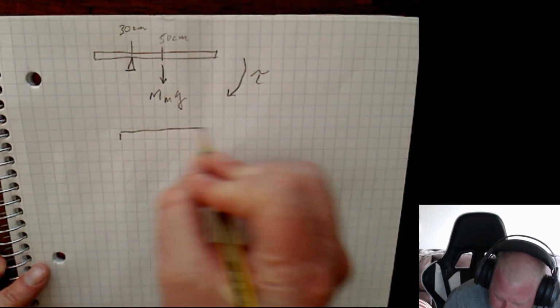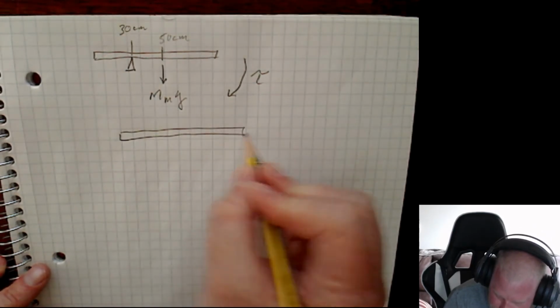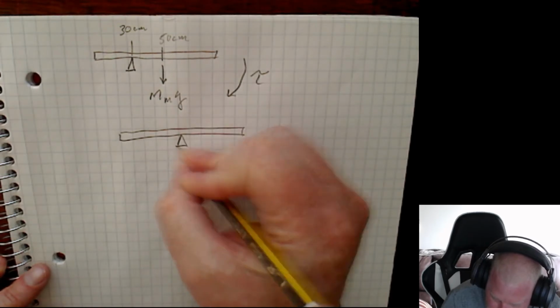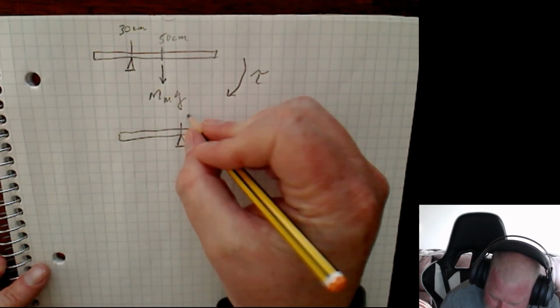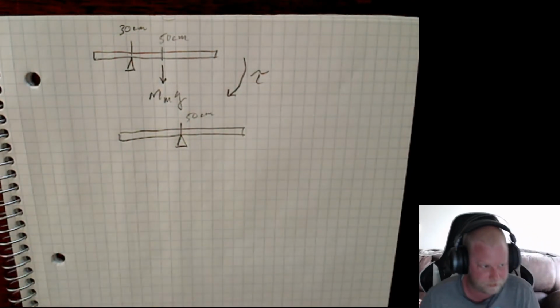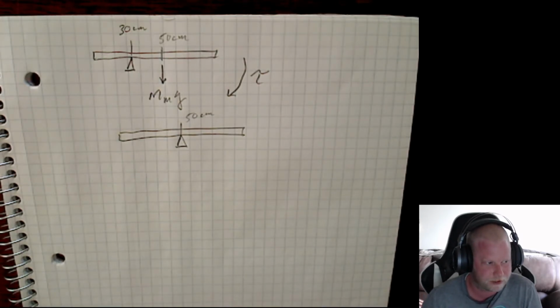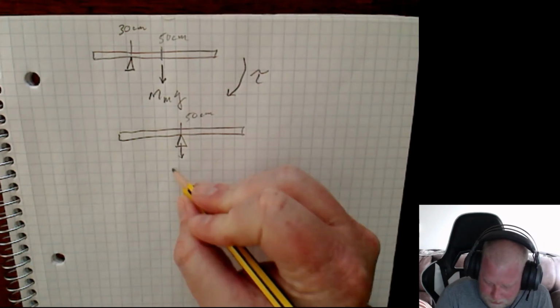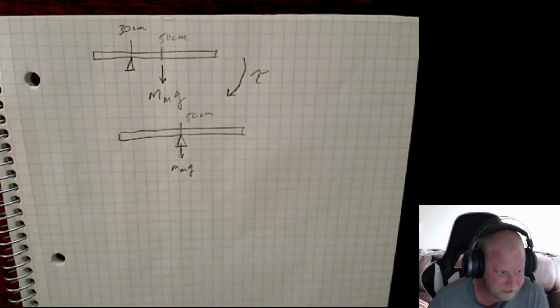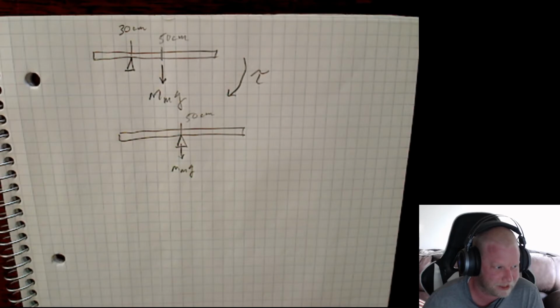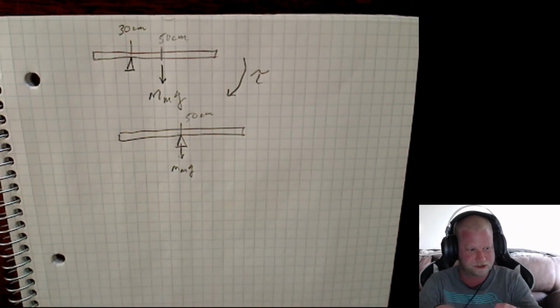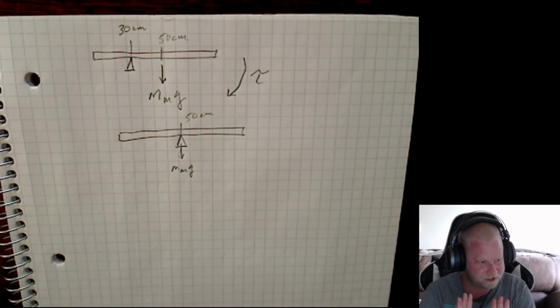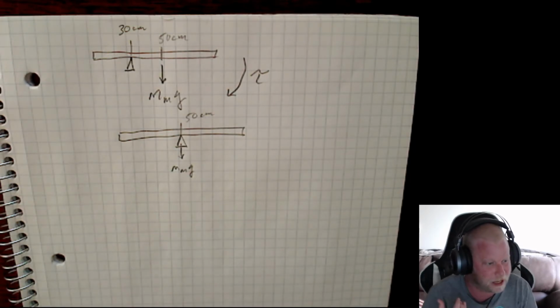Now, what if, though, in this experiment, we put the pivot directly at 50 centimeters? Well, in that case, the weight of the meter stick is pushing directly on the pivot. So it's just like pulling directly outwards on the door or pushing directly inwards on the door towards or away from the hinge.